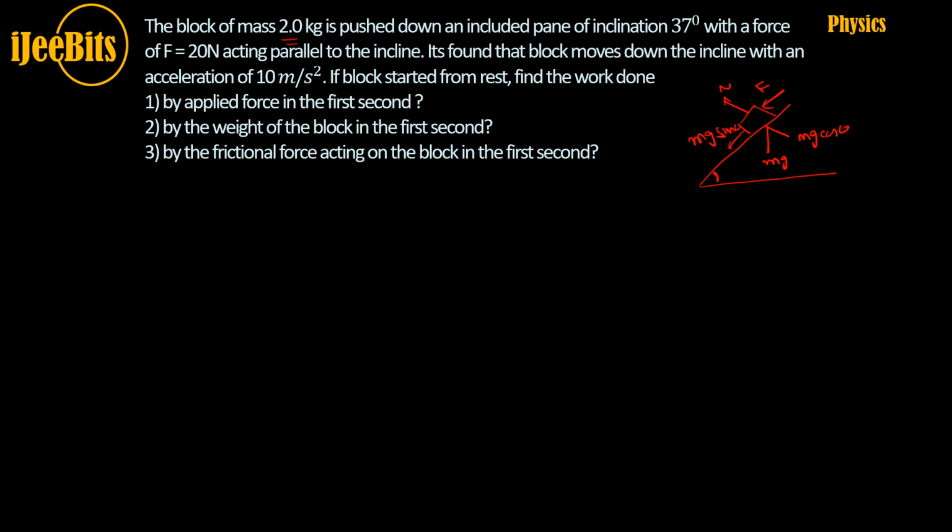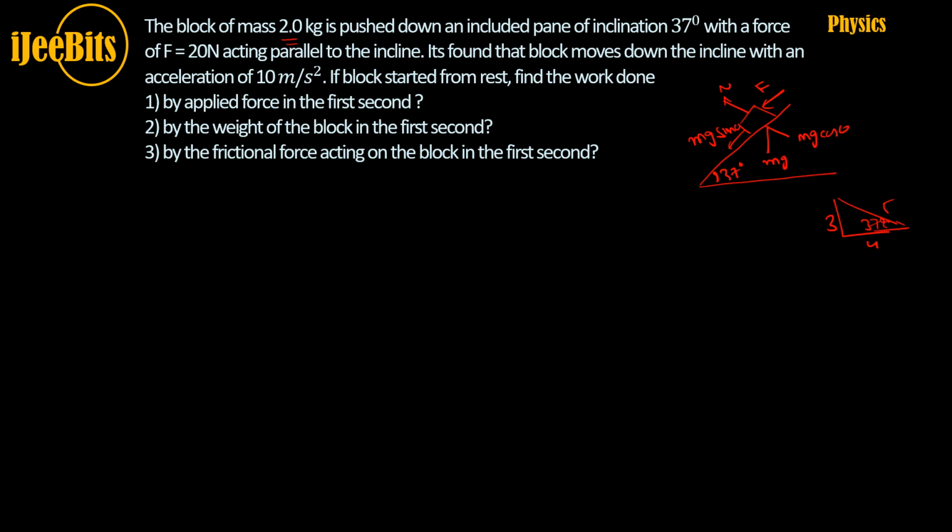Clear? This is 37 degrees. So we know a right angle triangle comes. So if it's 37 degrees, what would be your values of sin theta and cos theta, right? Well done. So obviously this becomes 3, this is 4, this is 5. This is how you can get it.